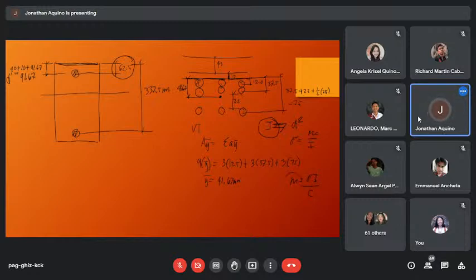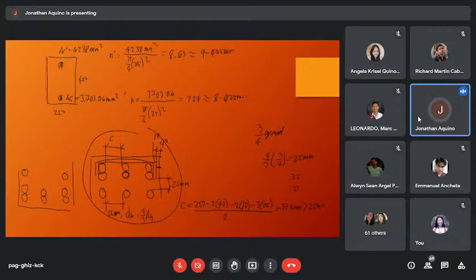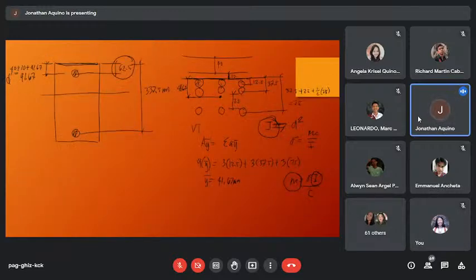So the moment capacity is... Second, din natin yung centroid naman natin ng bottom bars natin. Yung walong 25 millimeter diameter bars. So same too with this one. Okay? For example, ito yung stirrups natin.